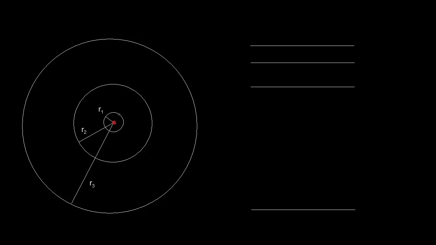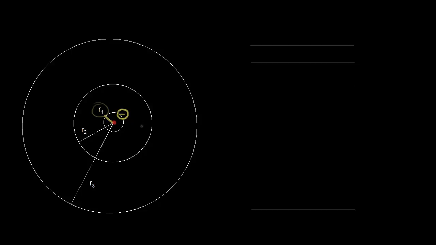So I'm going to draw an electron here, so again, not drawn to scale, orbiting the nucleus. So the positively charged nucleus attracts the negatively charged electron. And I'm saying that electron is orbiting at R1, so that's this first radius right here. So R1 is when n is equal to 1.